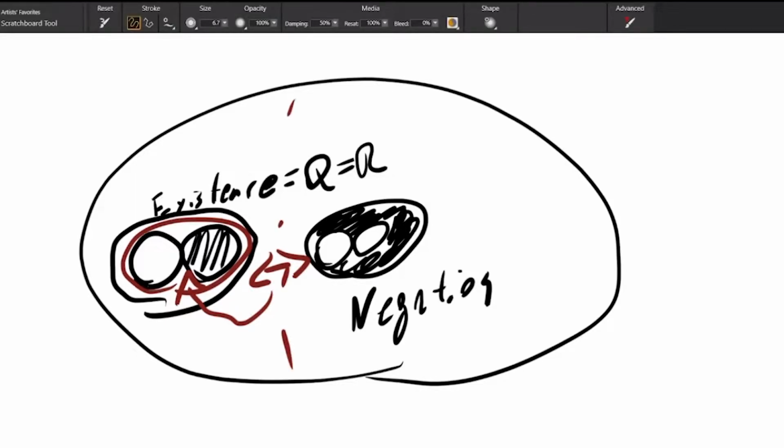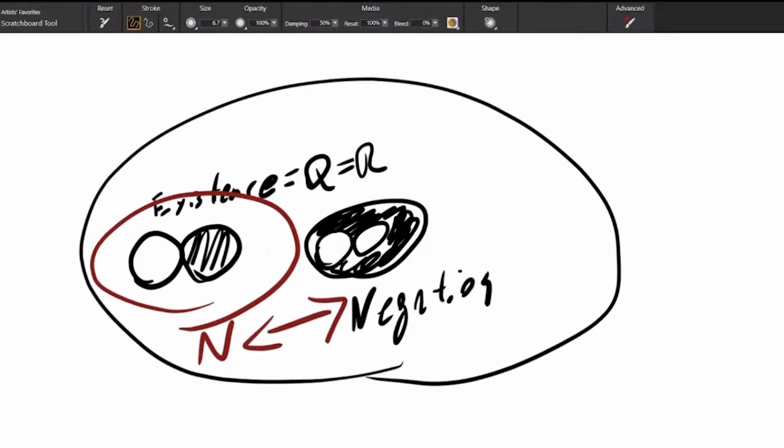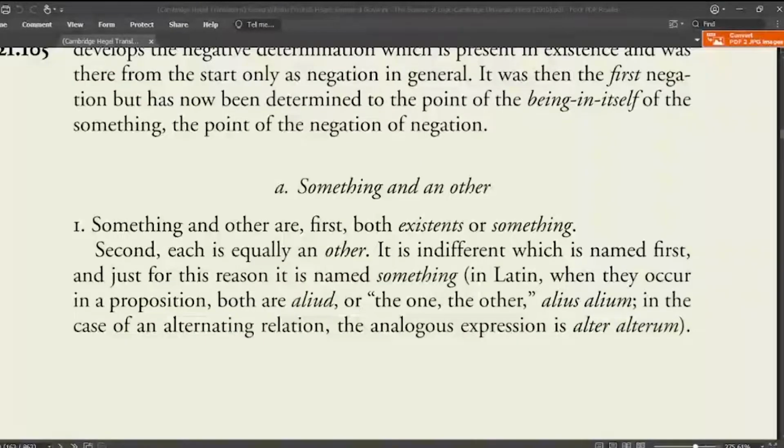The whole thing is in the shape of negation, and negation is inside negation, which leaves you with the negation of negation. So negation as a totality versus negation as a moment of the totality. It works on so many levels, and it's great. At least I think it's great. I don't know about y'all.